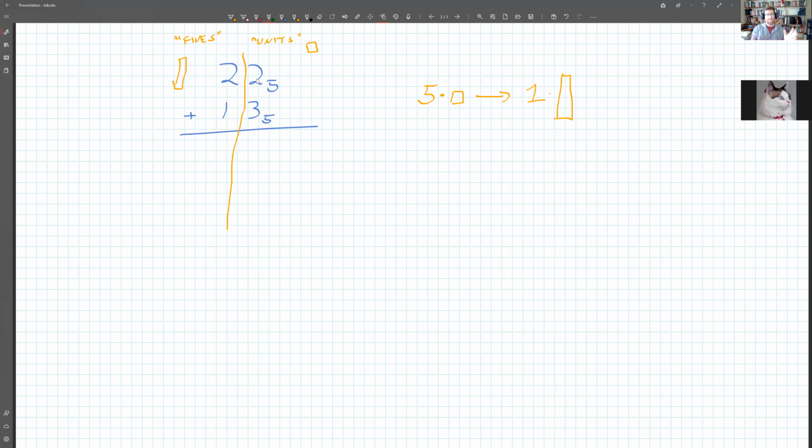So we can do 2 plus 3 is 5, but that's cheating, right? Because that's not one of the allowable digits in my base representation for 5. So instead, I'm going to convert now, or we can say we're going to trade, or we're going to repackage, right? So this 5 becomes a long package.